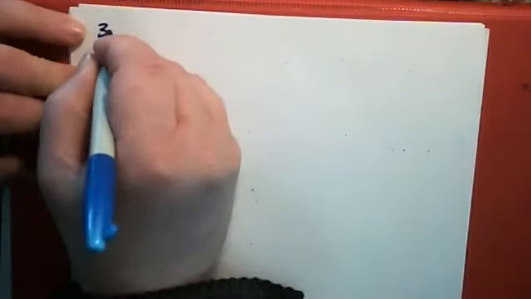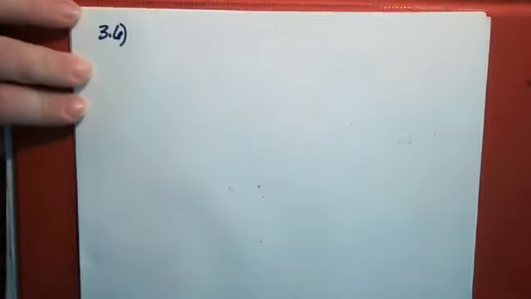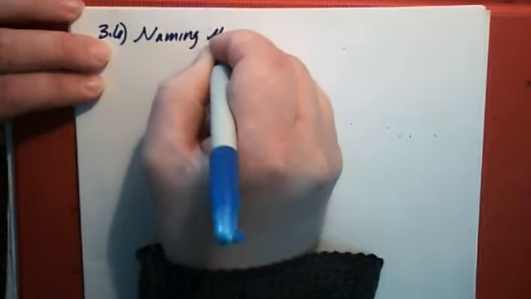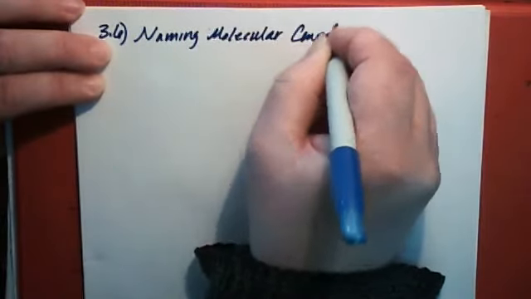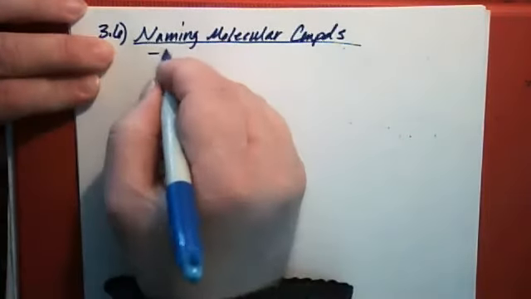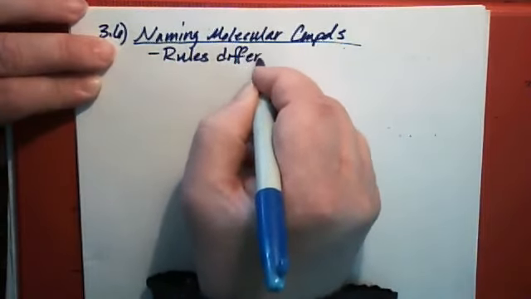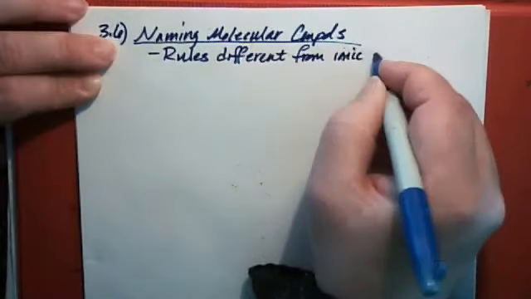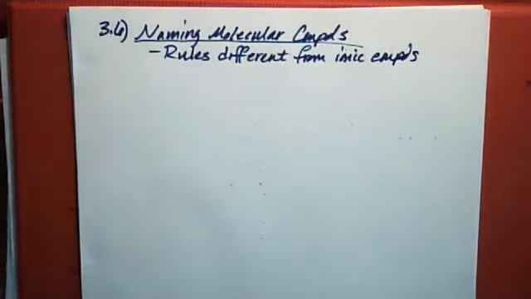Okay, so section 3.6 is about naming molecular compounds. Okay, the rules for this are different from the rules for ionic compounds.